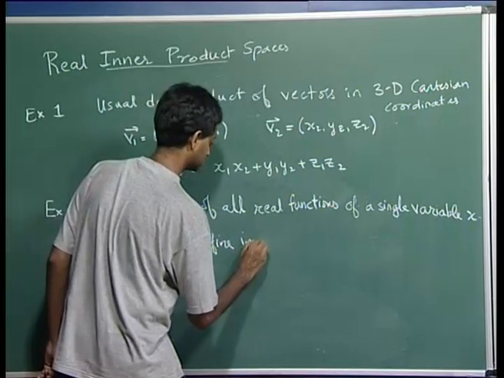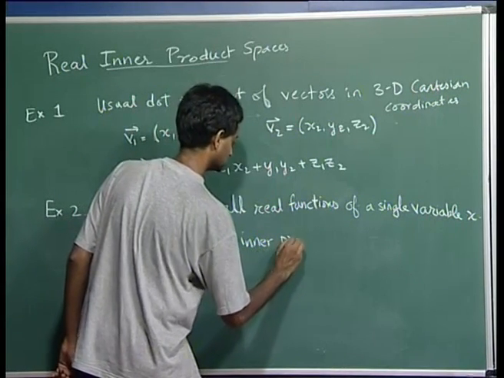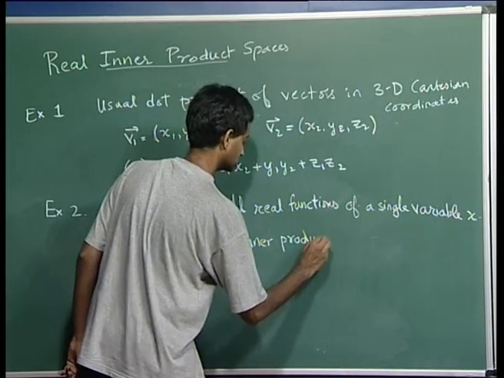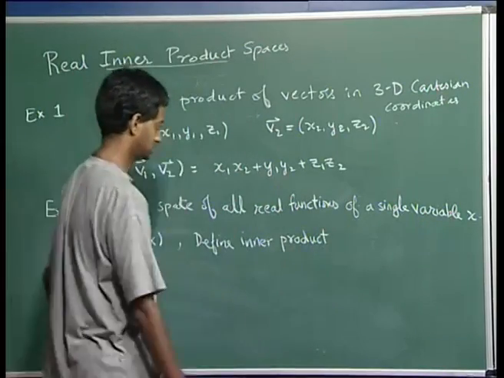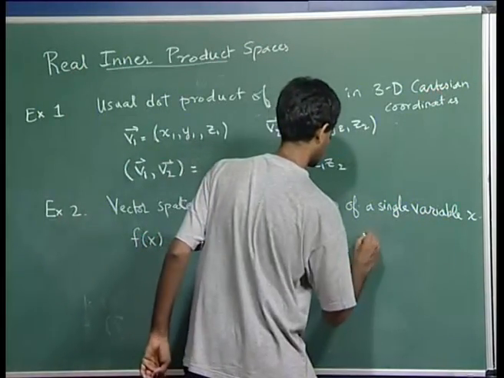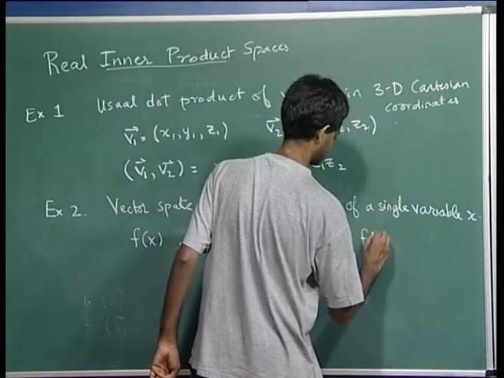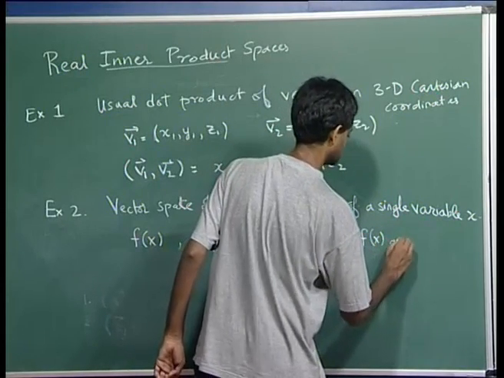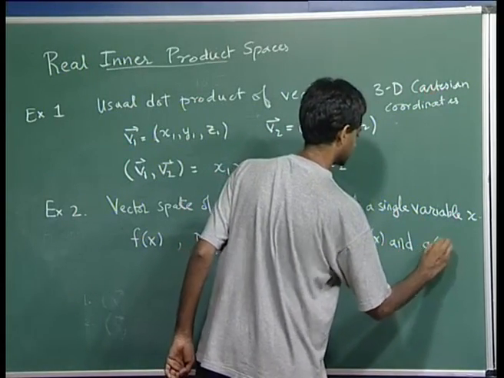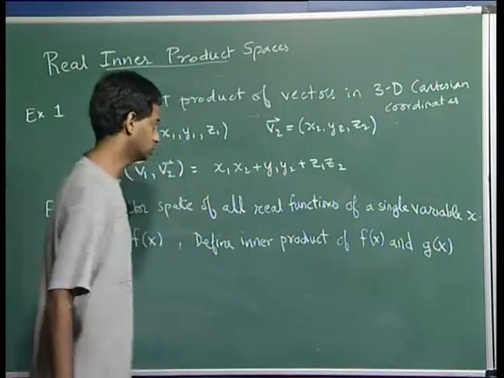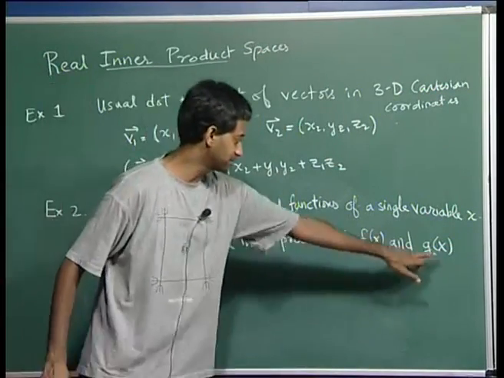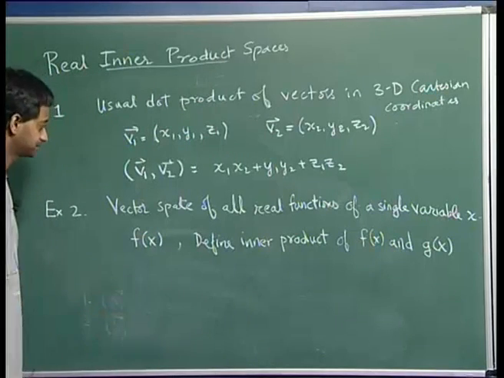inner product of f and g of x. So, f of x and g of x are two functions of x. So, both these are members of this vector space.